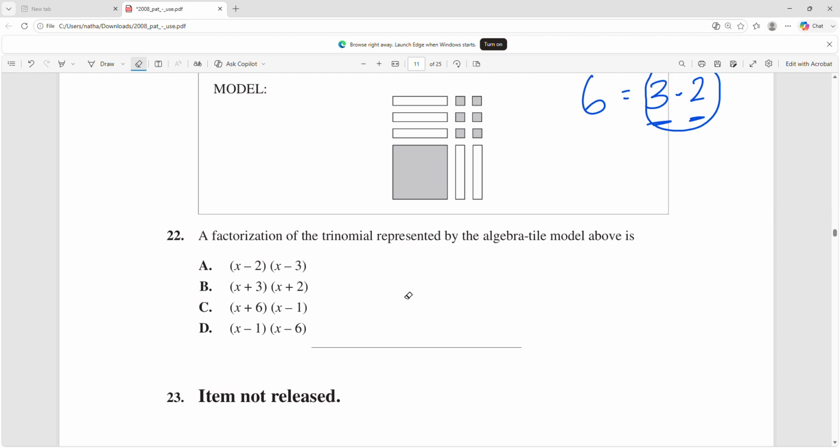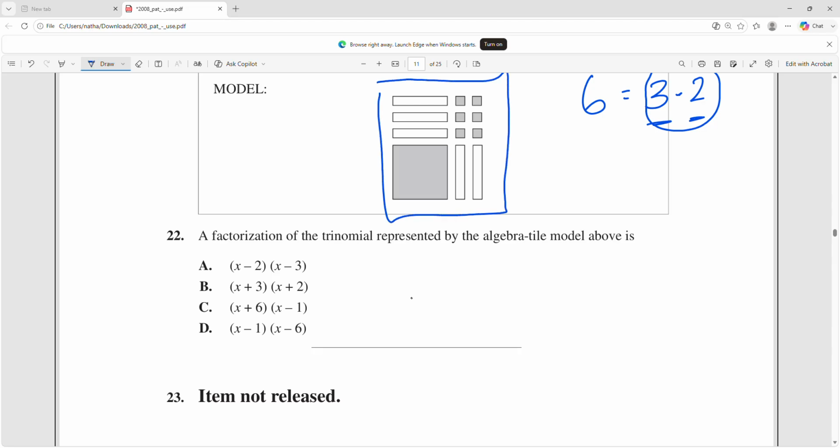We don't actually have to do the symbolic way of factorizing or multiplying those. Remember when we do these grids, this represents the total thing, our product, and we look at each side, that would represent the two things being multiplied together.